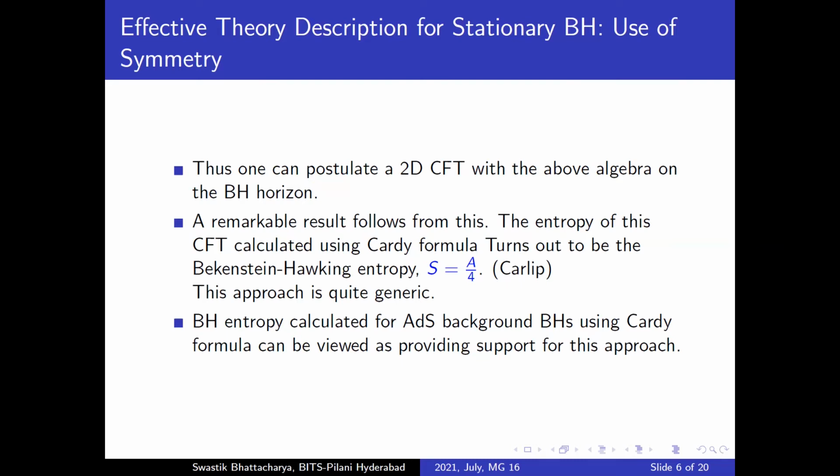And from that, he derived a remarkable result: he could just calculate the entropy of this CFT using the Cardy formula, because you can find the central charge. And it turns out to be the Bekenstein-Hawking entropy. And this approach is quite generic, which Carlip showed.